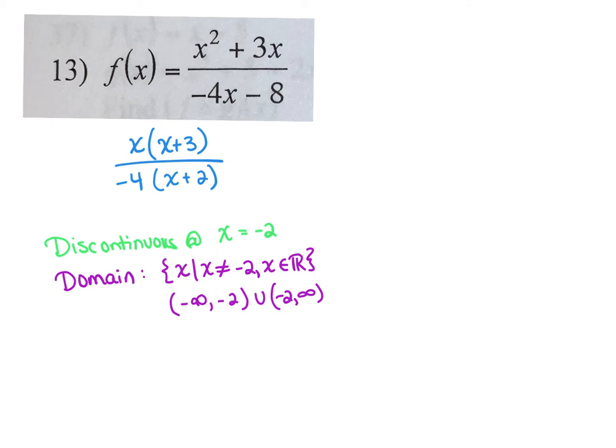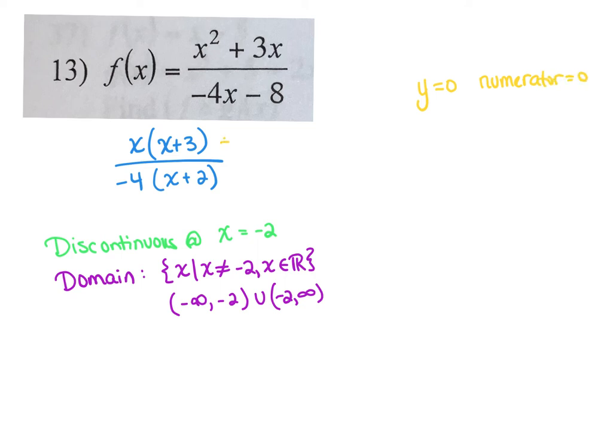All right, x and y intercepts. So for my x-intercept, I would set all my y equal to 0. So what does that mean? If my y is equal to 0, then that actually means my numerator is equal to 0. So when y is 0, that means your numerator is 0.